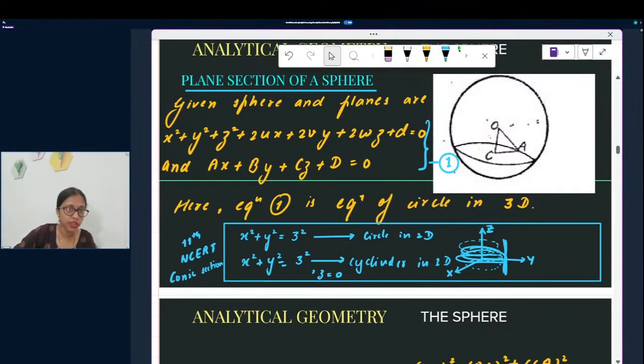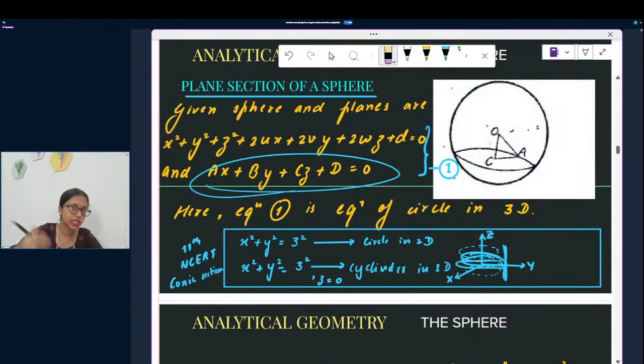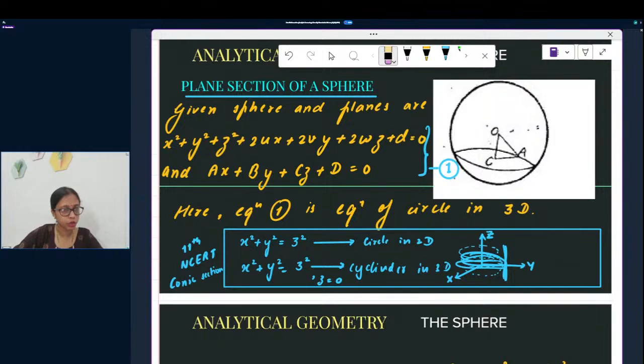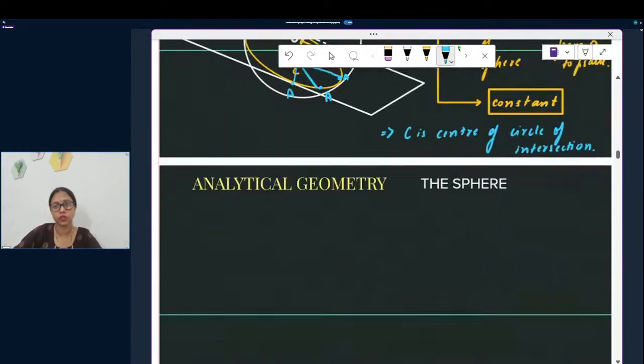Plane is also given. Center I know, minus u, minus v, minus w, and plane I know. So obviously I can find the foot of the perpendicular from a point to the plane. That will be the center of that circle.